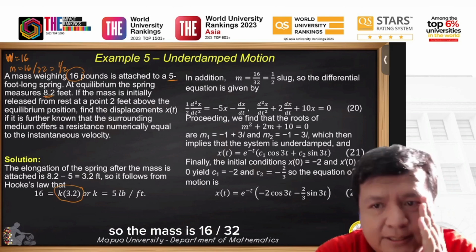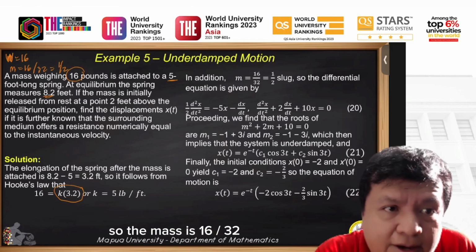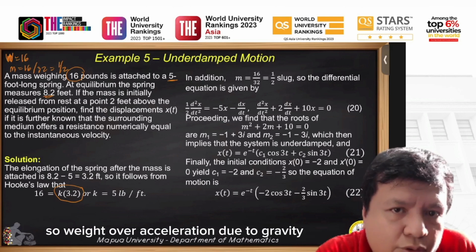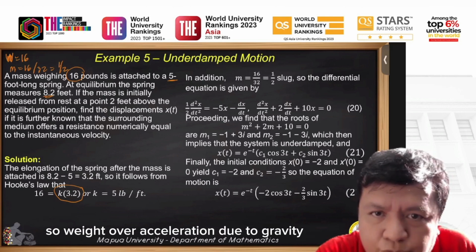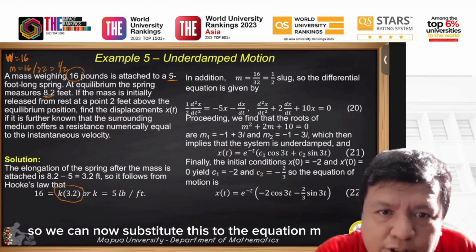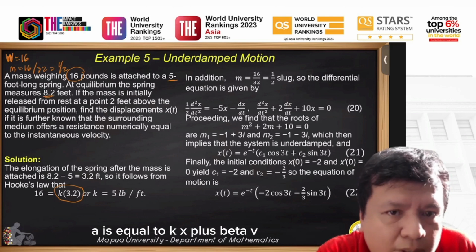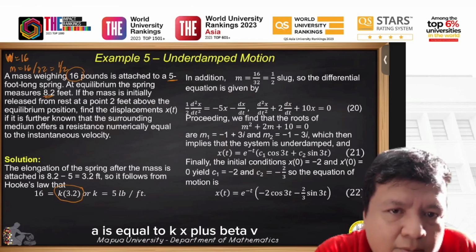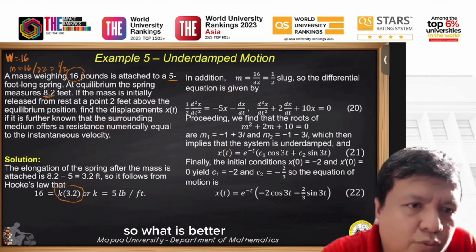The mass is 16 divided by 32, weight over acceleration due to gravity, so we have 1/2 slug. We can now substitute this into the equation: ma is equal to kx plus beta v. What is beta?